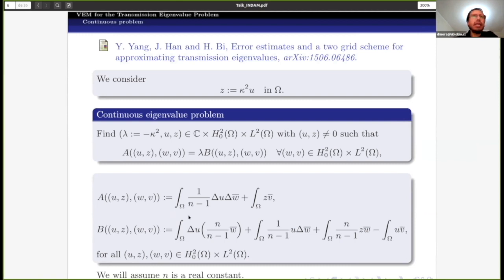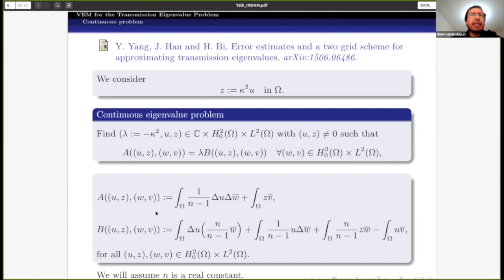In the first part of the sesquilinear form A, we have the Laplacian sesquilinear form, and here the L2 inner product, which is derived from the linearization in some sense. The right-hand side is defined like this.